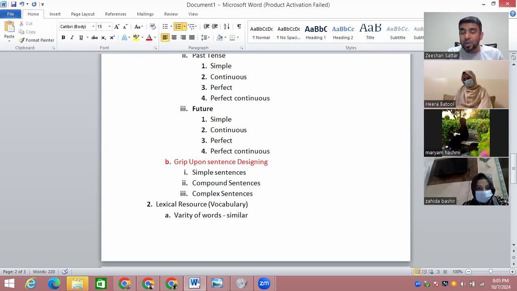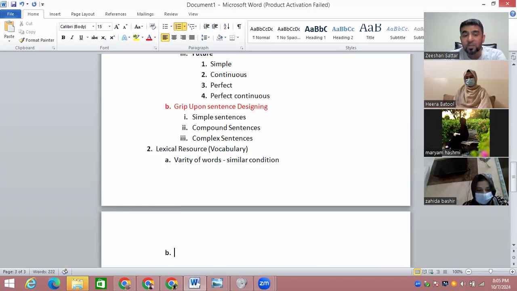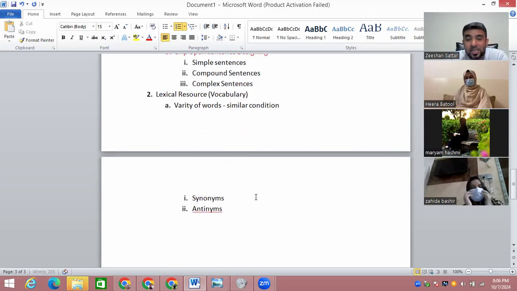So, variety of words in a similar condition: examiner sees whether the students were good in using synonyms and antonyms. Simple as that.